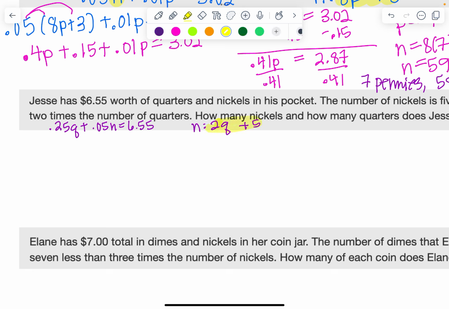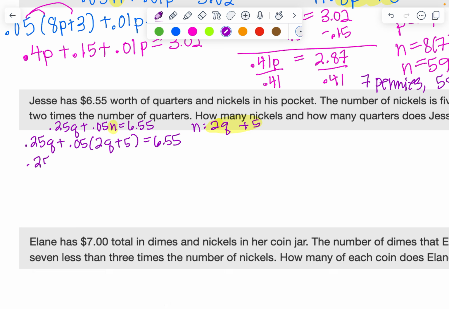So again, I'm going to take my expression here for my nickels and plug it in for n. So we get 0.25q plus 0.05 times 2q plus 5 equals $6.55.